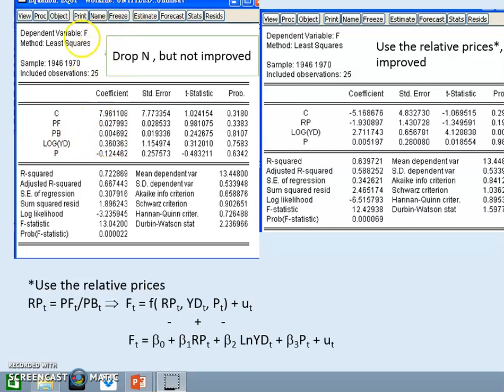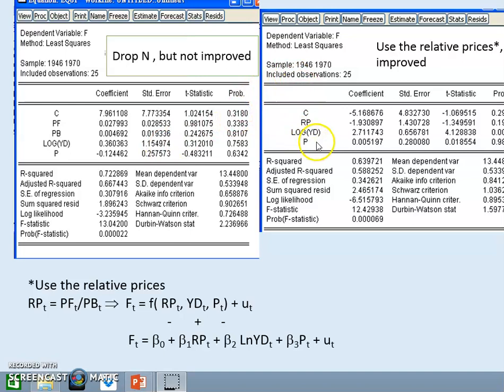Suppose we drop N here, and if you drop N, it still shows that the sign does not follow our expectation, and none of the t-stats is significant, even though we have a significant F-test. So still it's not improving.